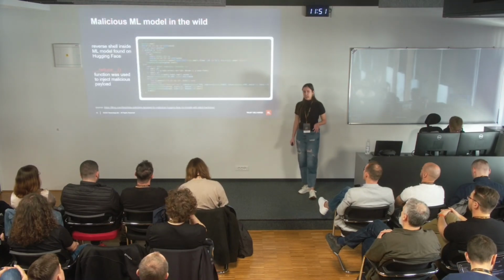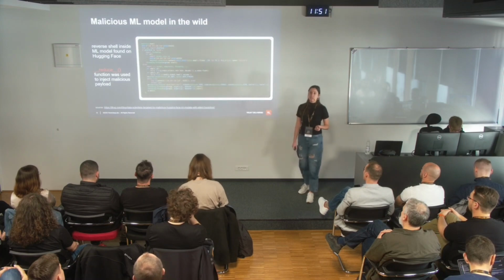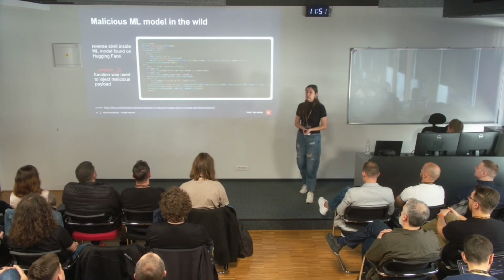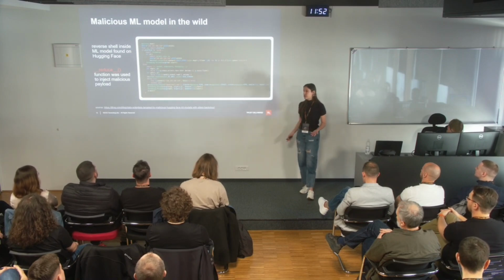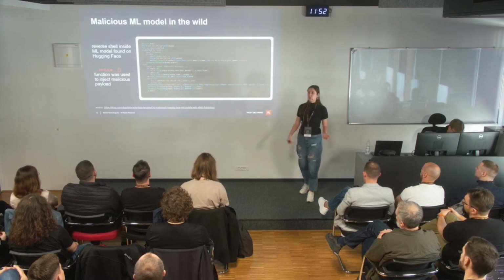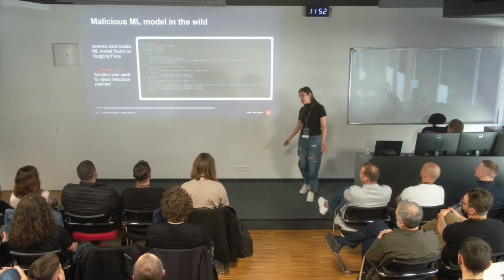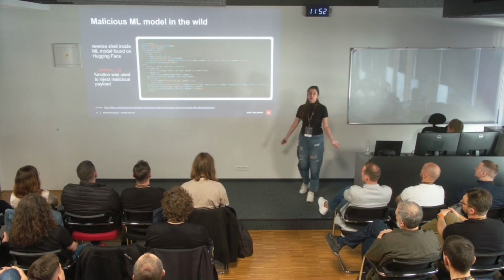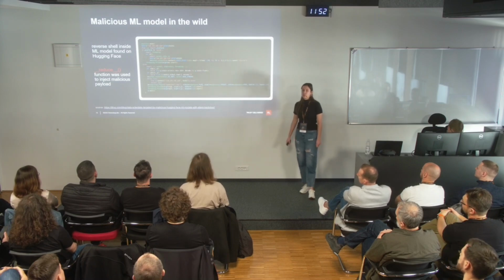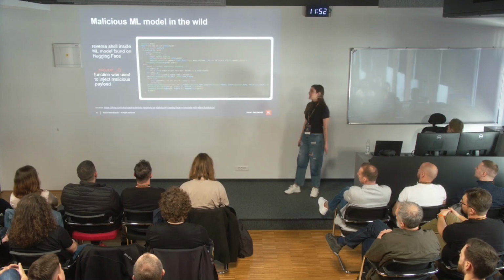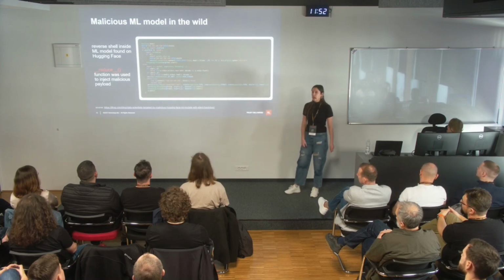I think last year, JFrog found a malicious ML model on Hugging Face that had reverse shells inside. When the victim would load and use that machine learning model, the reverse shell would get executed, and the malicious actor would, without the victim knowing, have access to the victim's computer.